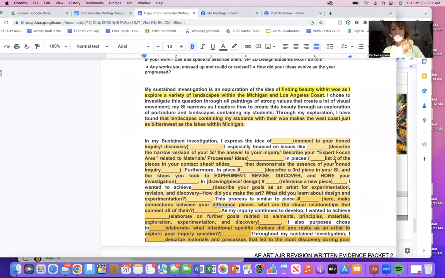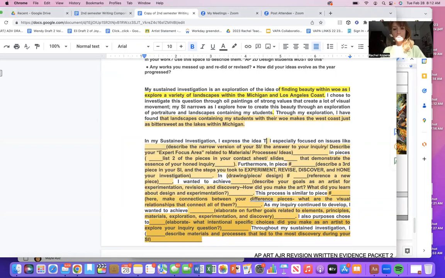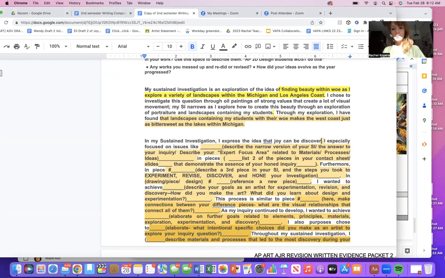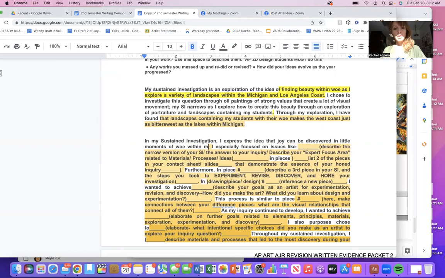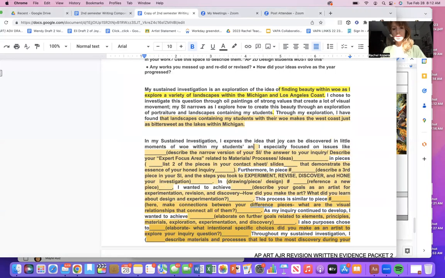So in my sustained investigation, I expressed the idea that joy can be discovered in little moments of woe within my students' narratives. I especially focused on issues like, so describe how I narrowed my SI. What is my expert focus area?